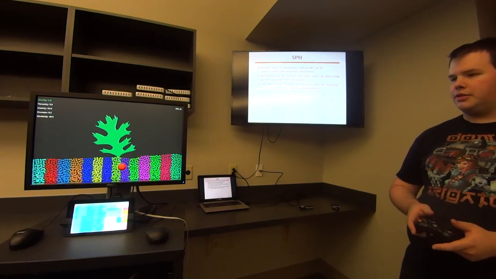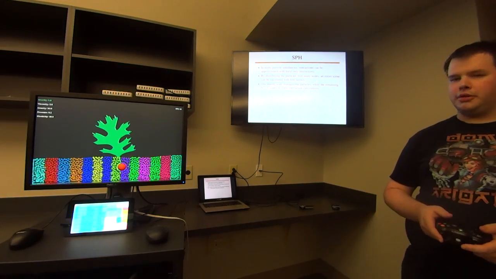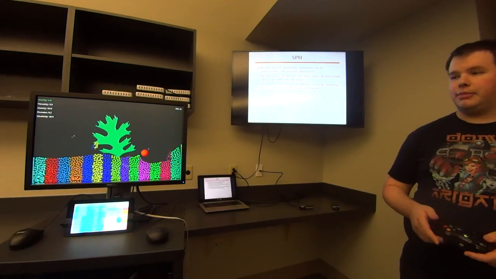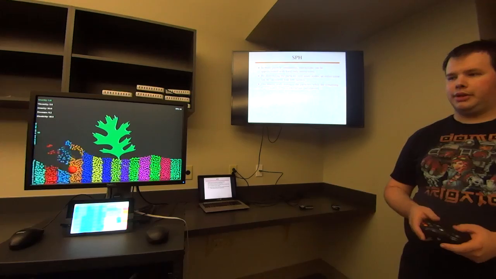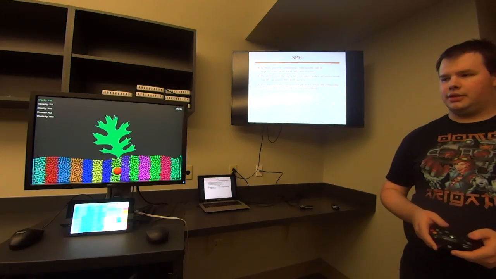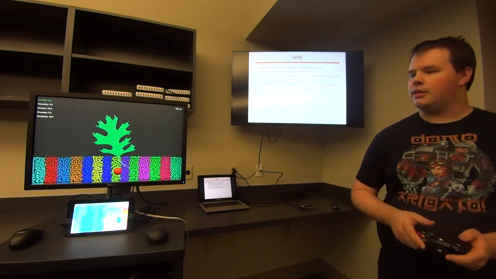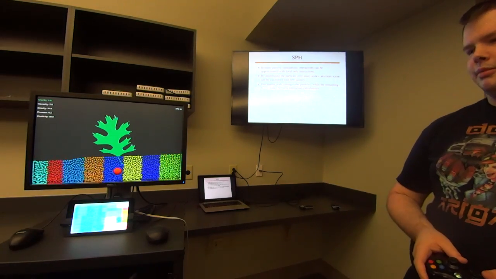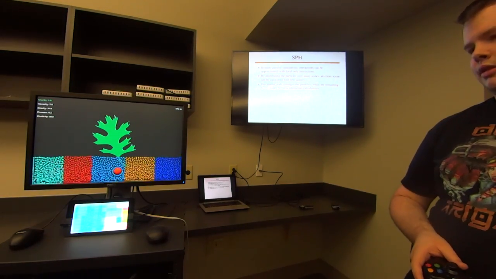If we switch it to the per node display, you can see the way the master node is dividing the work up between each of the worker nodes. And then we can actually decrease the amount of nodes that are being used in the simulation.